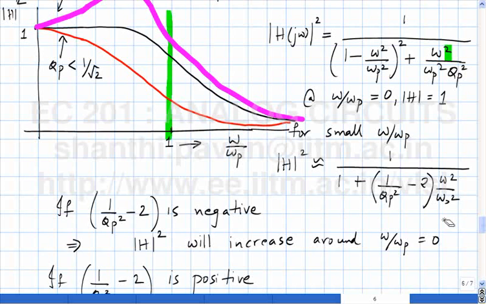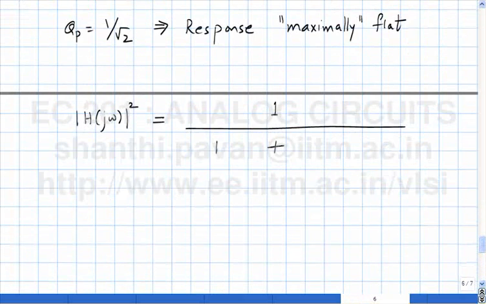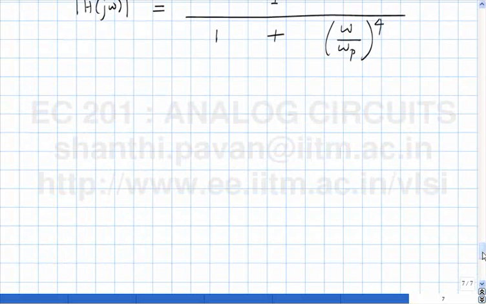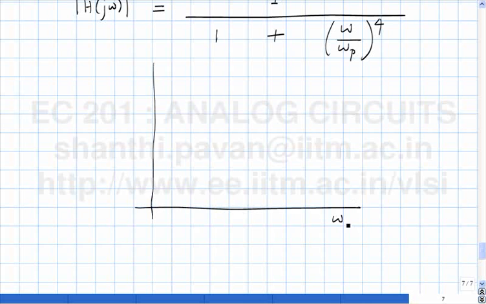So what remains is just the fourth order term. So what you will get is omega by omega p the whole power 4. Does that make sense?